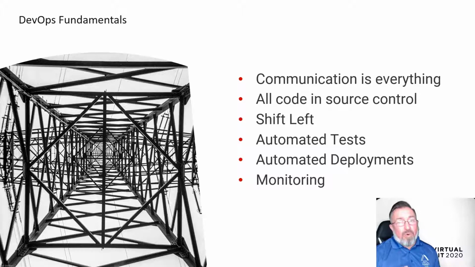So that means probably not a majority of people, a minority of people are putting their entire database code set into source control. And it's fundamental to getting automation, you need to have a known state, and that known state is source control. So we need to be able to do that.